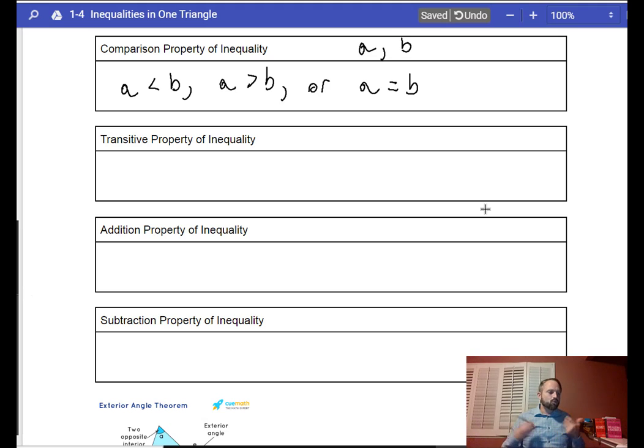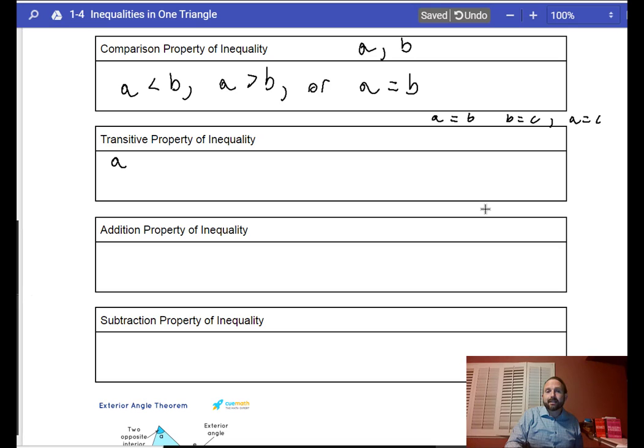Now, we do have the transitive property of inequality. If you remember the transitive property of equality, we said if A equals B and B equals C, then A equals C. This one is a little bit different using inequalities.